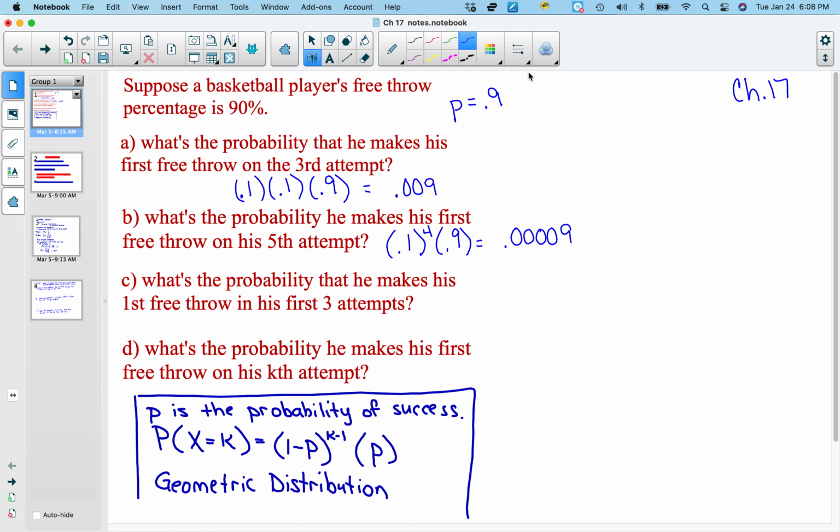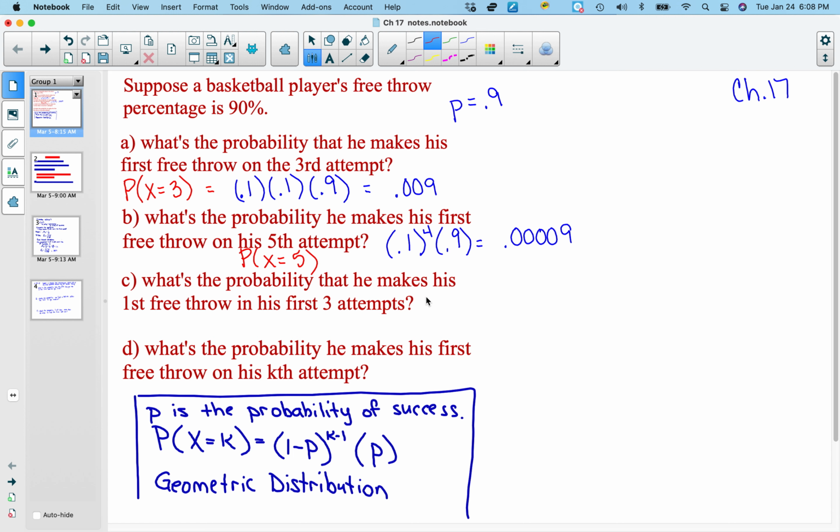Now I'm going to introduce some notation here and go back to these. This one I'm going to call the probability that X equals 3, and that's going to represent the probability he made it on his third attempt. I'm going to call this one the probability that X equals 5, and that's going to represent that he made his first free throw on his fifth attempt.